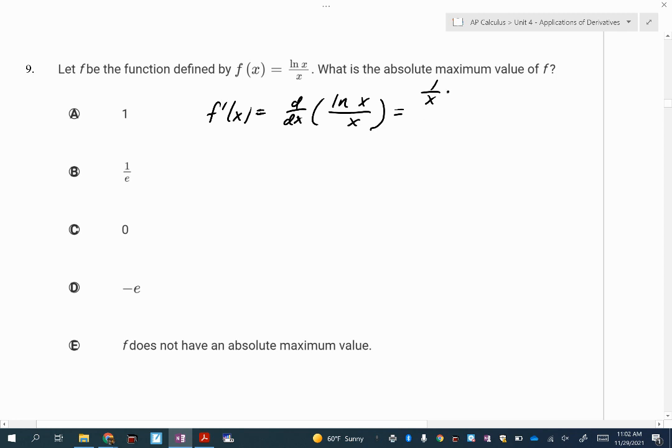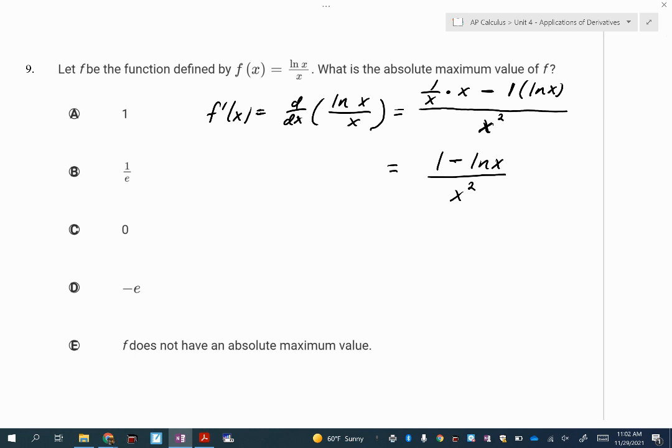So we just leave it like that, times the original denominator, which is x, minus the derivative of the denominator, which is 1, times the original numerator, all over the denominator squared. If I clean this up, the derivative is going to be 1 minus the natural log of x over x squared. And you want to find critical points for this.